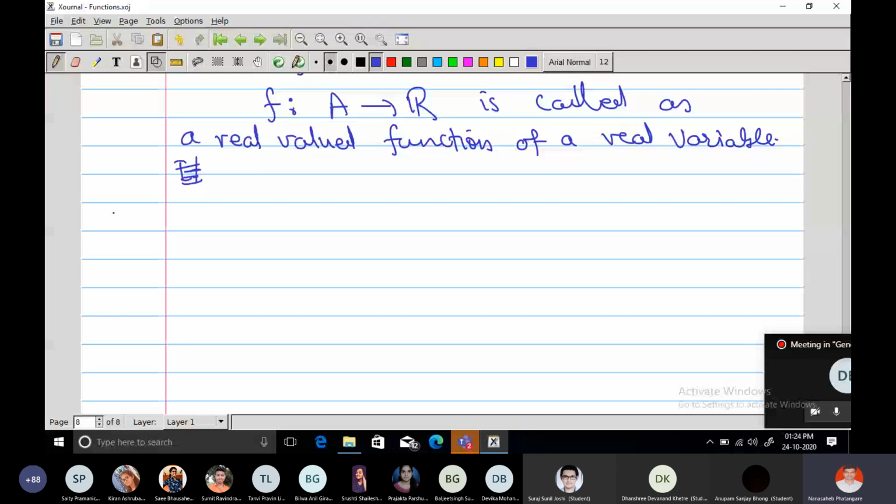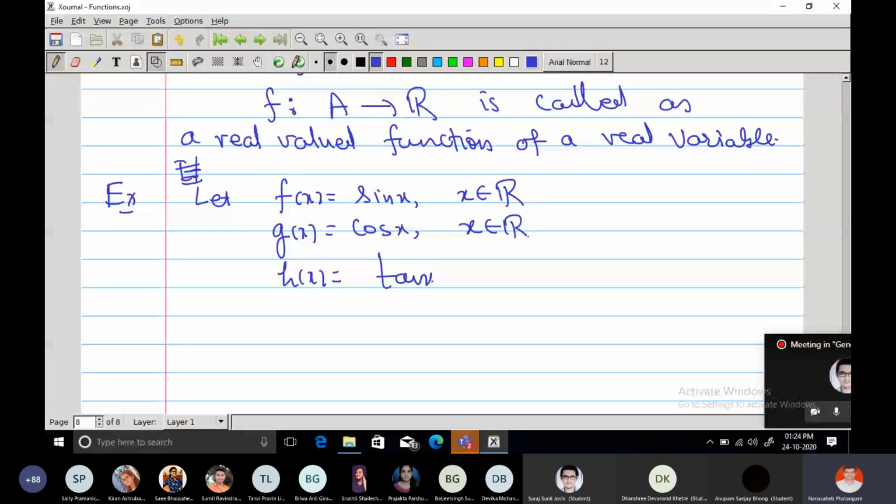So let f(x) = sin x on R. Is it a real valued function of a real variable? These are real valued functions of a real variable. h(x) = tan x, for instance, I am taking the interval only from minus pi by 2 to pi by 2.